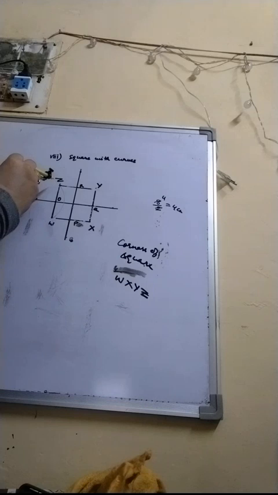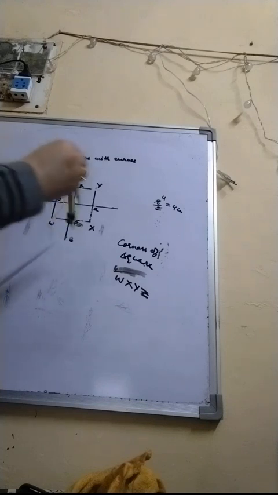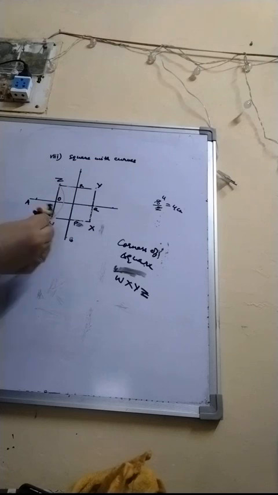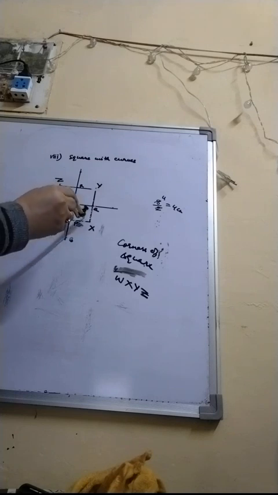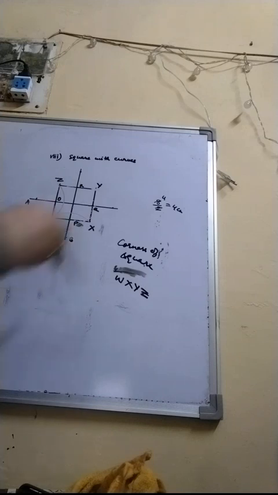So if you open the compass from point A to Z, you would get the arc. Then take the compass at B, open till W and draw the circle. So you would get another arc.